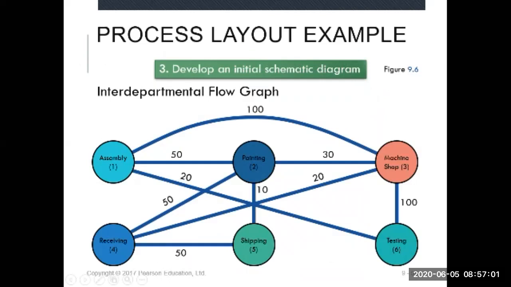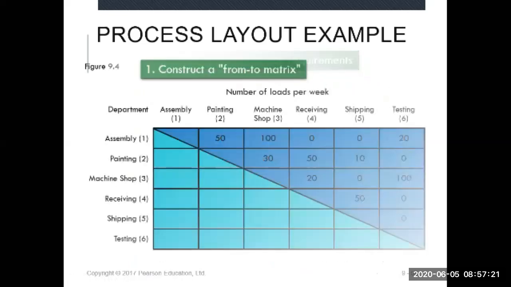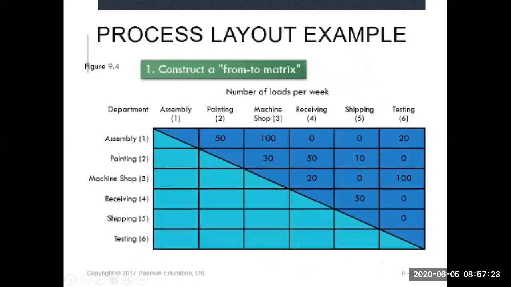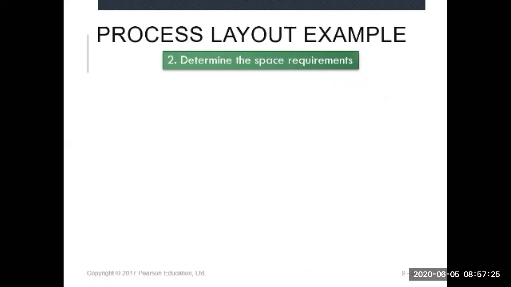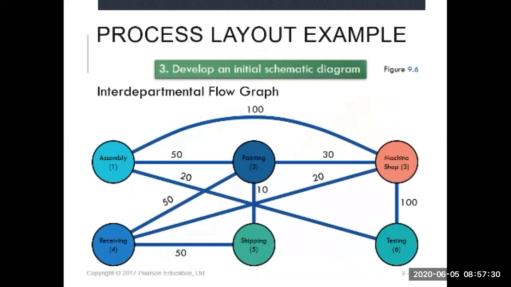The cost to move the loads from the assembly department to the painting department is $50. This one is the loads, the number of items, which is 50. And this one is the cost to move per load.